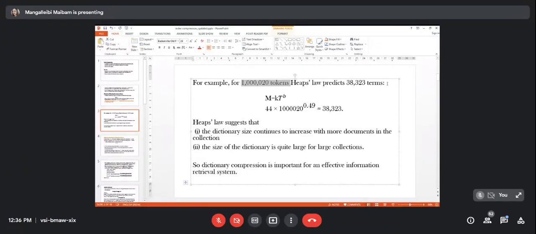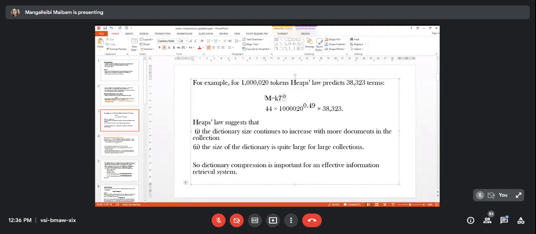This is the Heaps' law calculation result: 38,332 terms, when there are 1 lakh, 10 lakhs and 20 tokens. So we got this value. How?